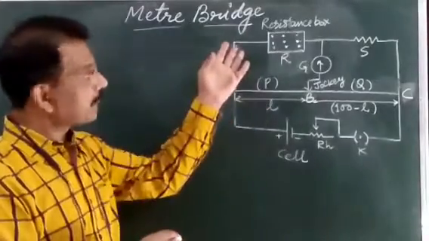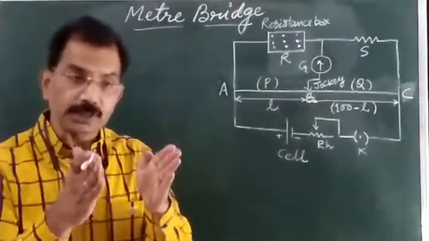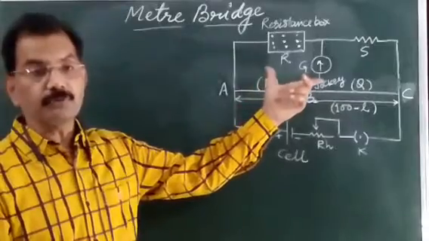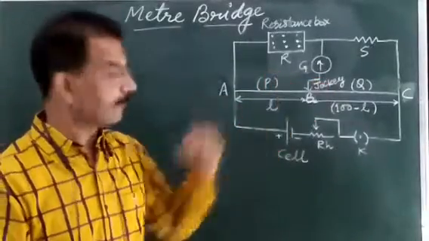And remember this, meter bridge is more sensitive than post office box. Due to this reason, we prefer the meter bridge to find the resistance of the unknown wire.